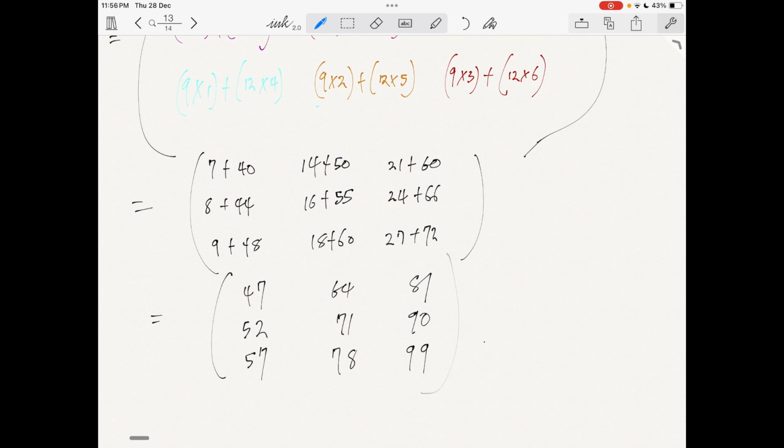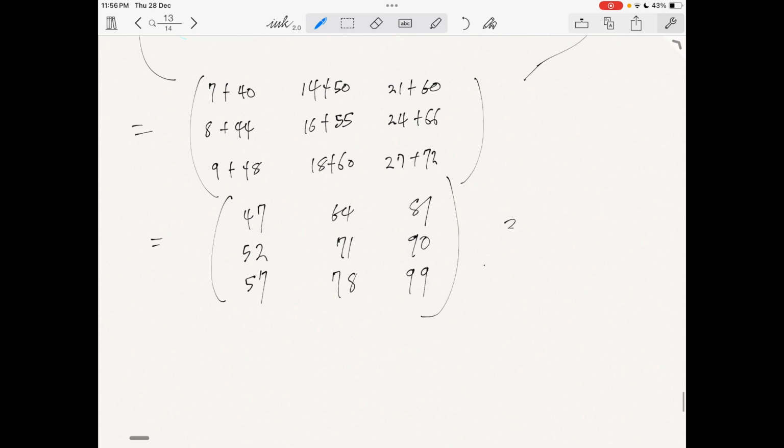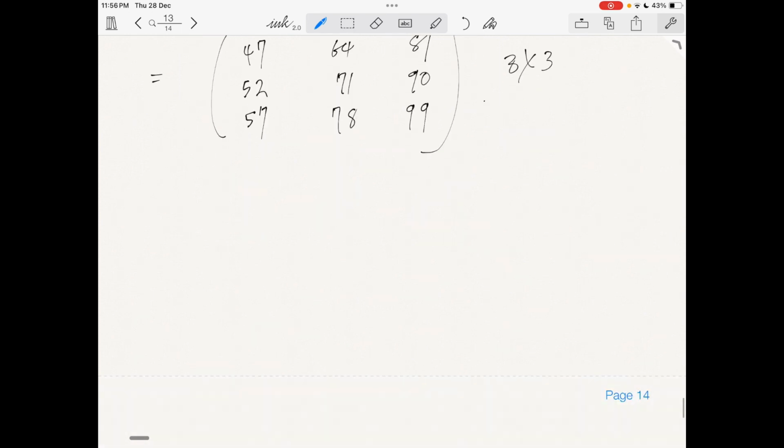Now, we have seen an important characteristic of matrix multiplication: it is not commutative, because AB is not equal to BA.